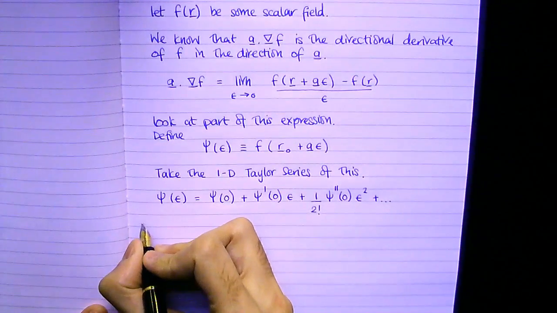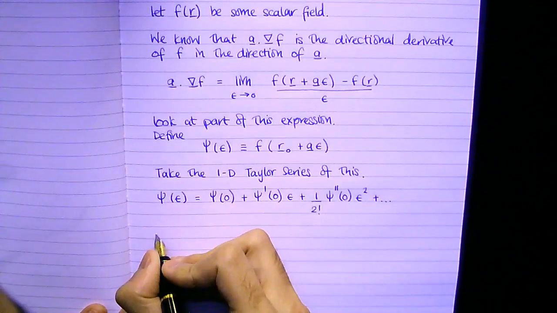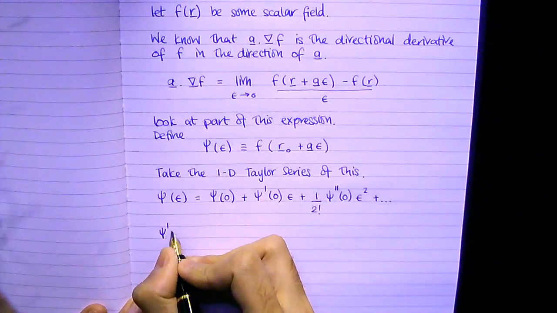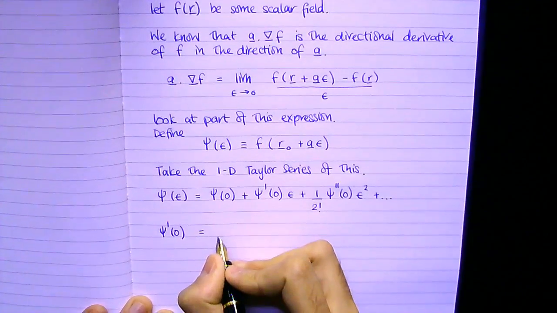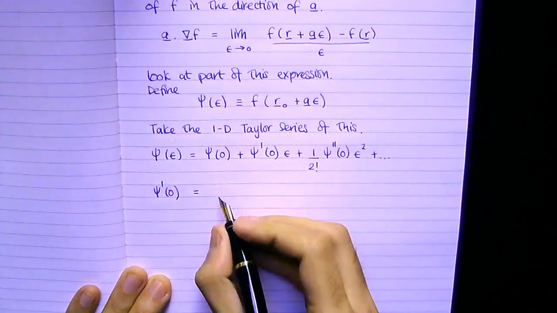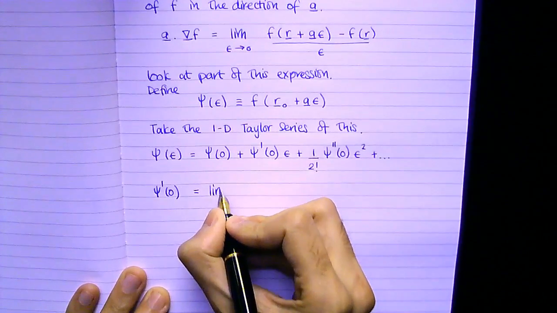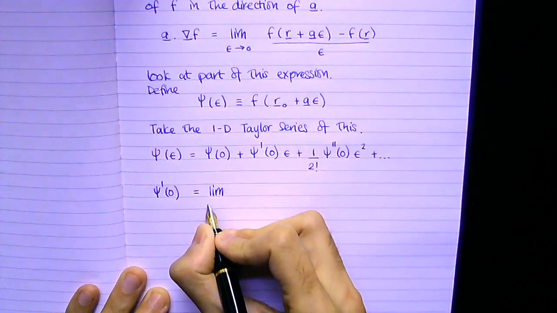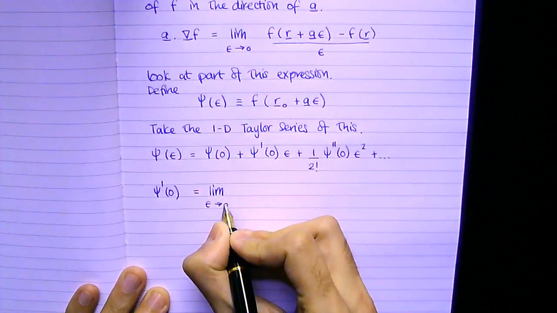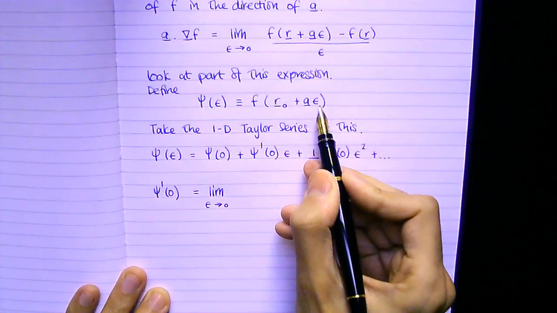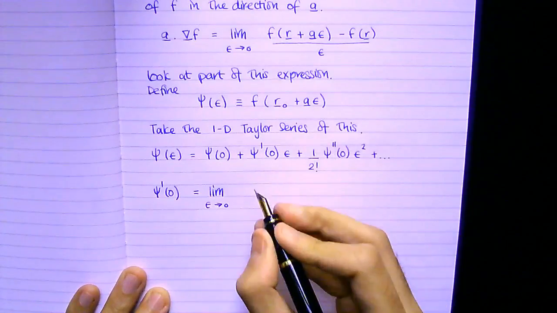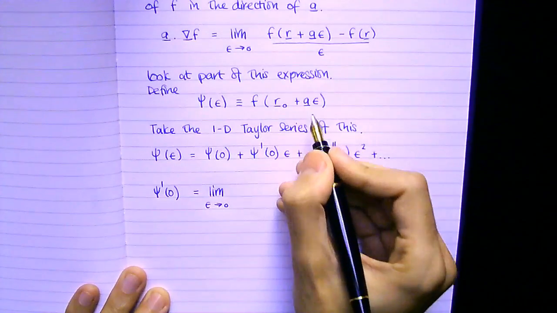So I'm going to write down these derivatives in terms of the right-hand side of this definition. Let's take the first derivative first. I'm going to go back to my standard limit definition of the differential. So the limit is epsilon tends to 0 of this, evaluated at a particular point.